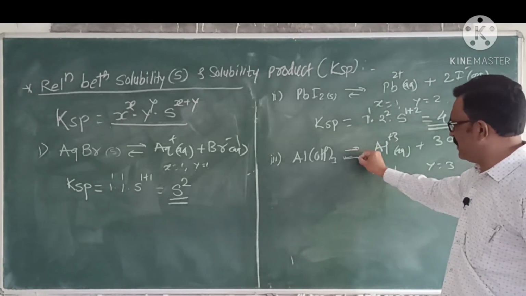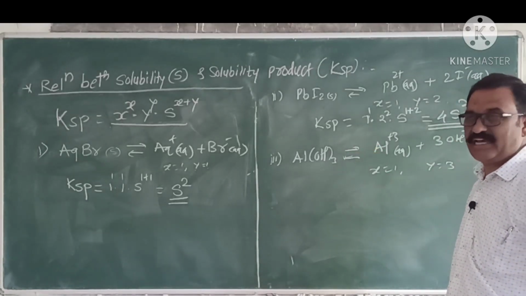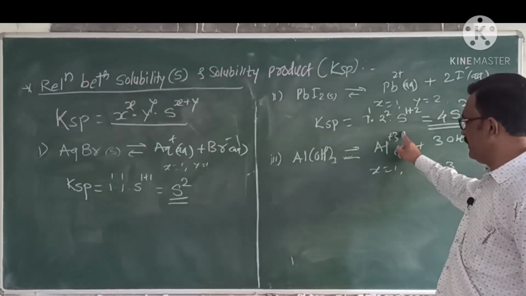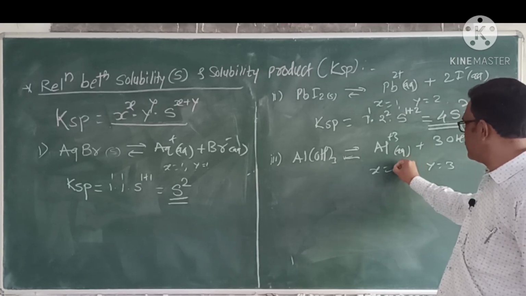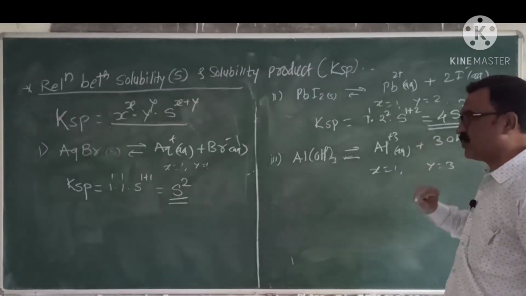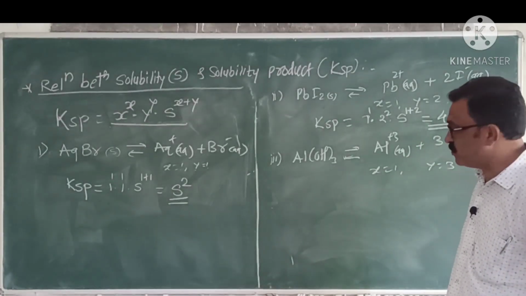In another example, aluminum hydroxide, Al(OH)3, gives Al3+. The coefficient of the Al3+ ion is equal to 1, X is equal to 1, and the OH- coefficient is equal to 3, Y is equal to 3.